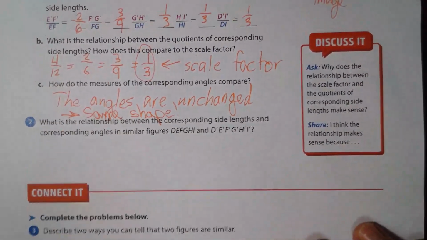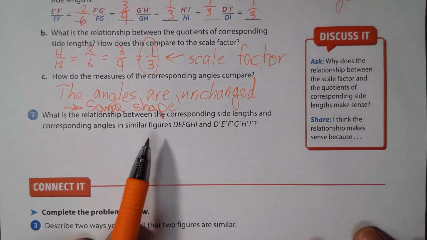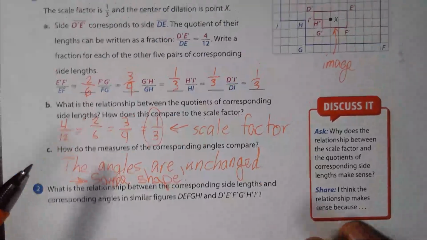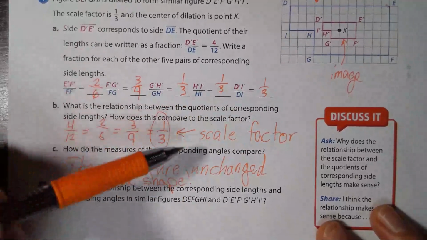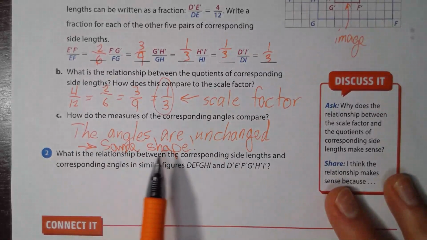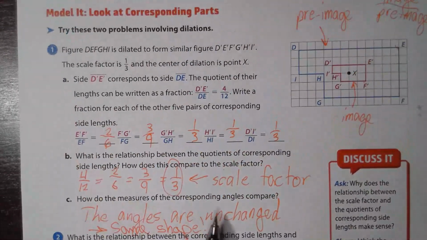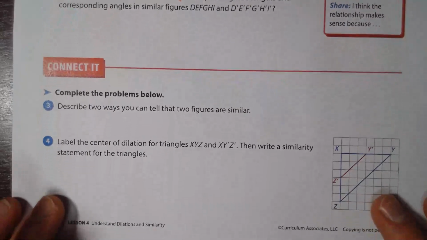Okay, so what is the relationship between the corresponding sides and the corresponding angles in these two figures? I think we've already answered this. I'm not even going to write anything. The corresponding sides give us our scale factor. They show it's a dilation, and the angles prove that these are still similar. They have to be similar figures, meaning that they have the same angles, and they have to give us a scale factor to know that it is a dilation.